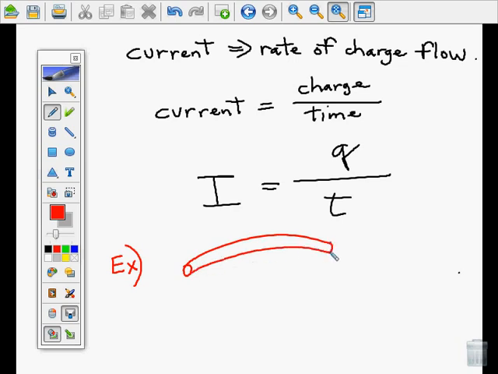For example, let's say you have a wire, and let's say that there is 5 coulombs flowing through that wire every 2 seconds. And the question is, what is the electric current?